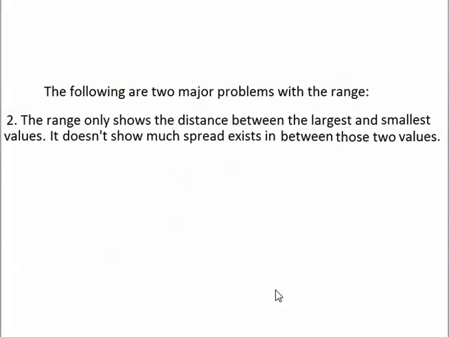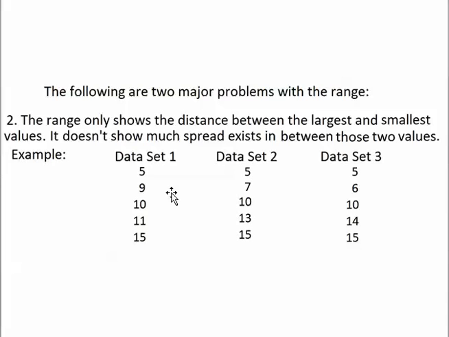Also, the range only shows the distance between the highest and lowest values. It doesn't show anything about how much spread exists in between those two values. So here's an example. Here we have 3 different data sets. Right here, the 3 middle values are 1 apart.